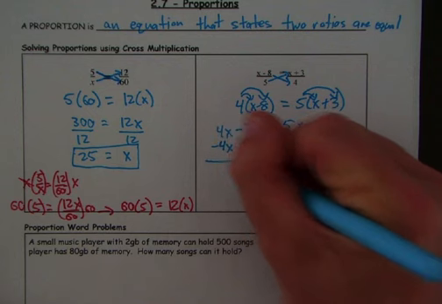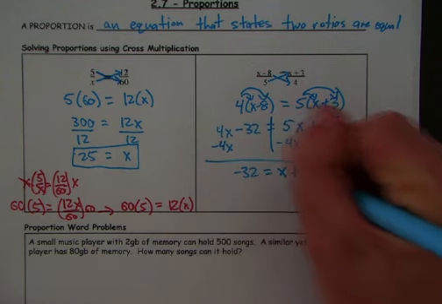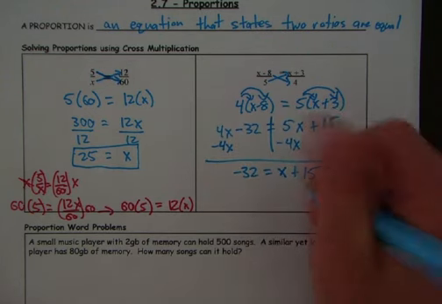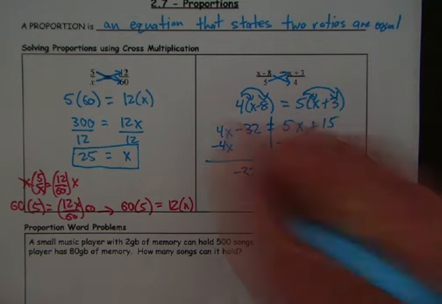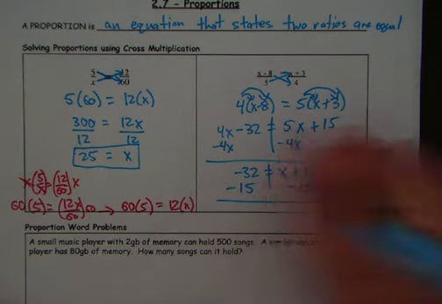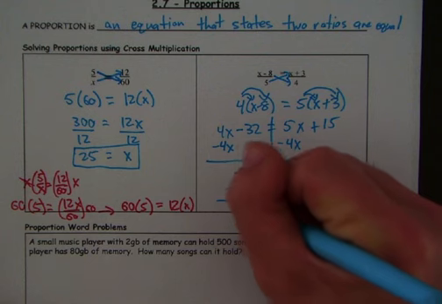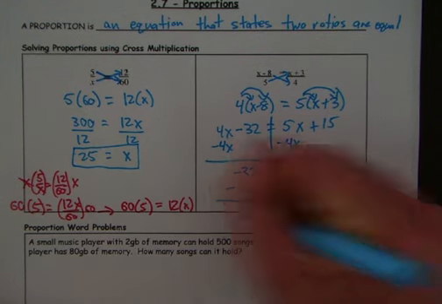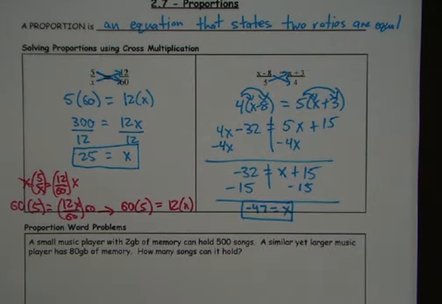I get negative 32 equals x plus 15. Now I can just subtract 15 over here and over here, because I got to do it to both sides. Get x equals negative 47. Cool. So that is using cross multiplication to solve proportions.